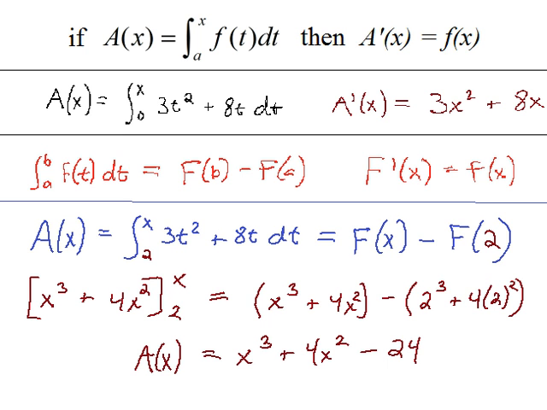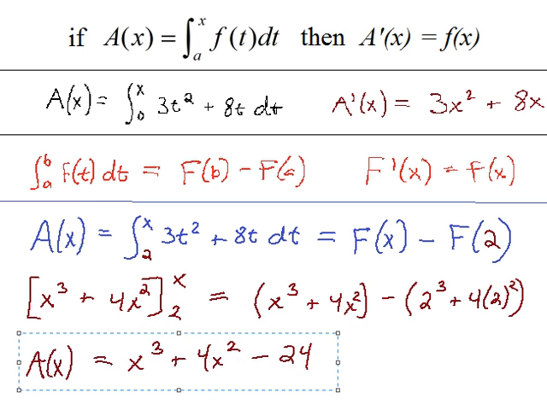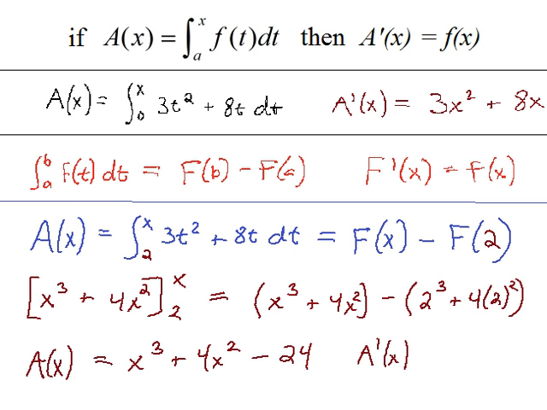So there's A of x, and sure enough, if we define A prime of x, it's not going to change a thing. A prime of x is still going to be 3x squared plus 8x. The derivative of the negative 24 just turns into 0.